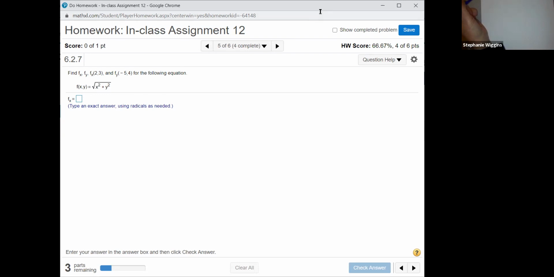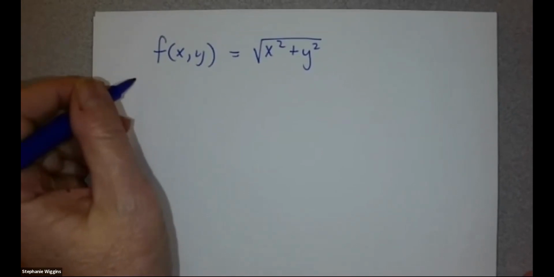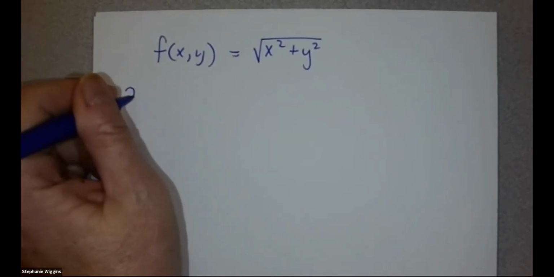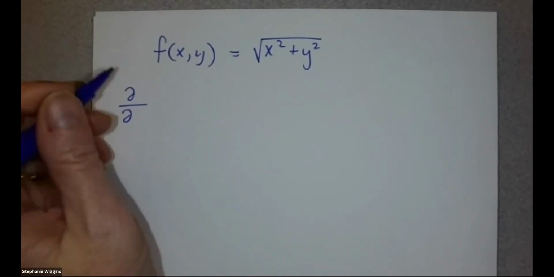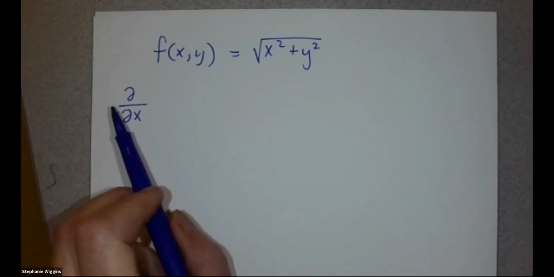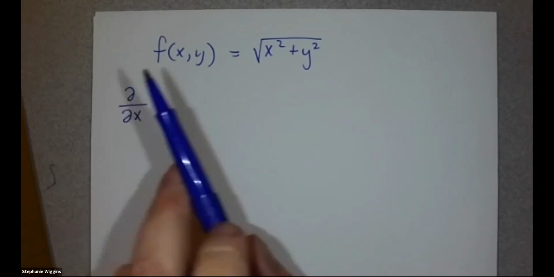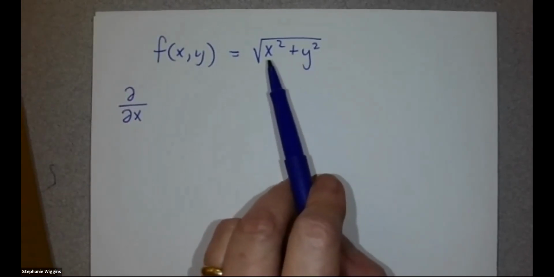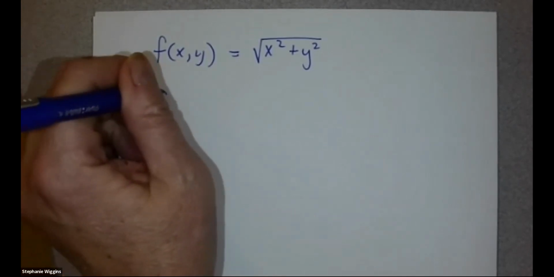So the notation is like this. We have our multivariate function, and we use this script d. That is actually a d, not a 2. We're differentiating with respect to x, but I'm using a script d because we're doing a partial derivative, because this has got two variables in it, and we're just differentiating with respect to one variable at a time.